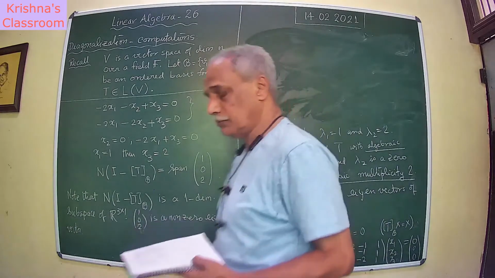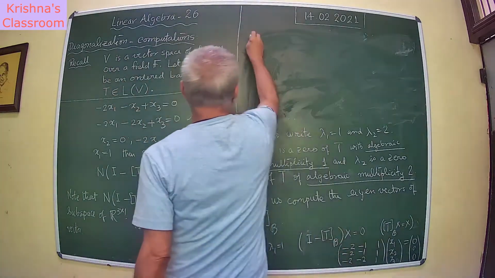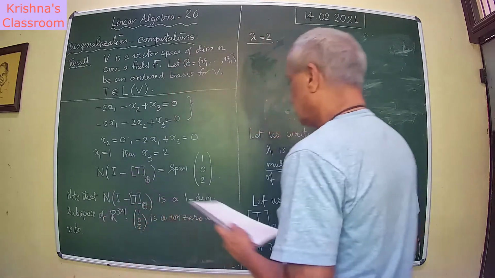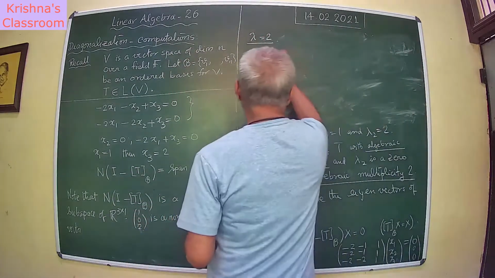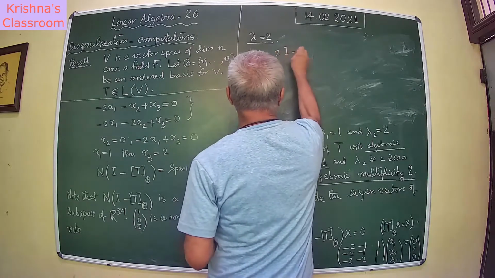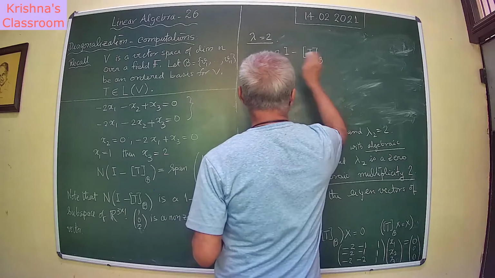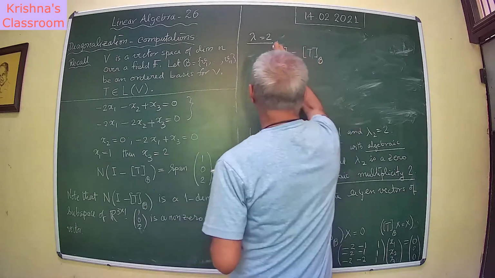Then what you have is, you have to look at 2I minus TB.